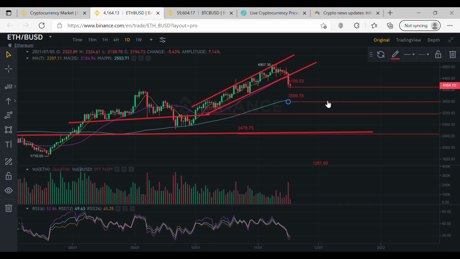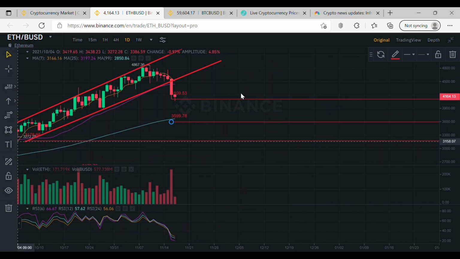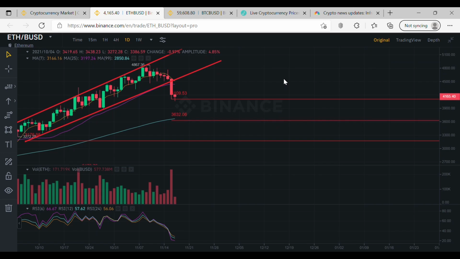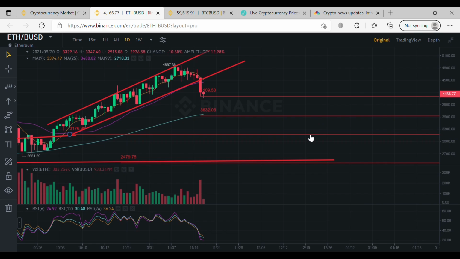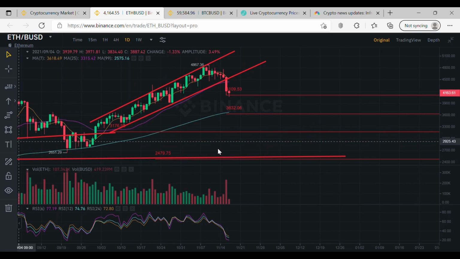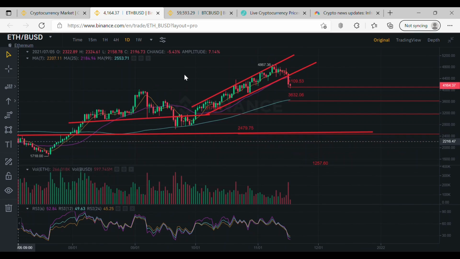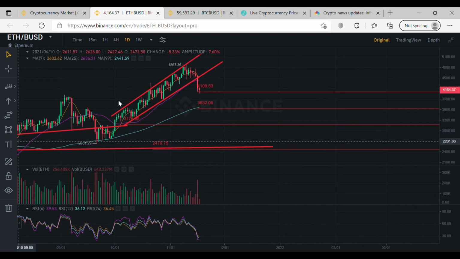Here, 1/3, right? So 1/3 from here and then here. So roughly it is 1/3 here. So this is how I would approach the current price movement.